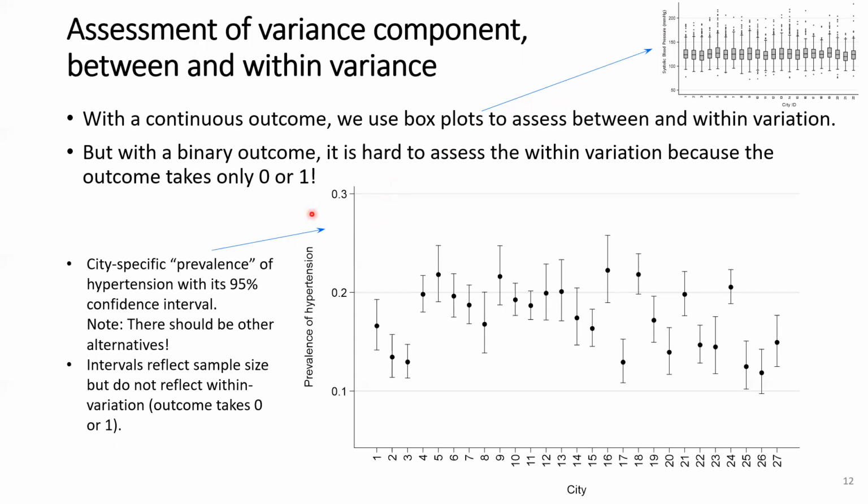This is a method my mentor told me to do. There must be several other ways to do it. But this one shows the point estimate of hypertensive prevalence per city with confidence interval.